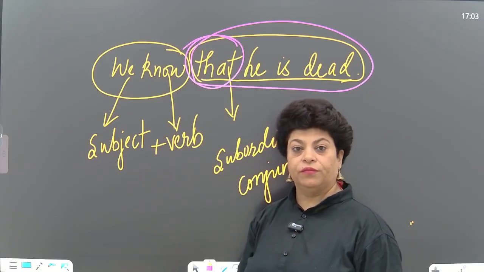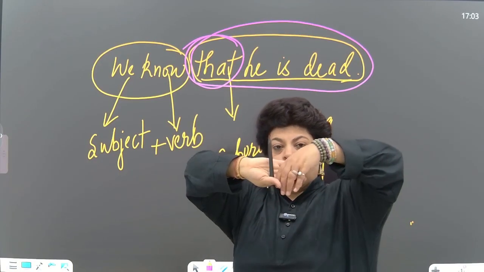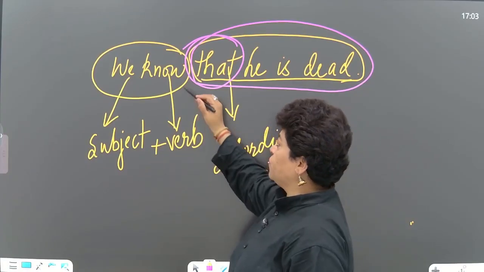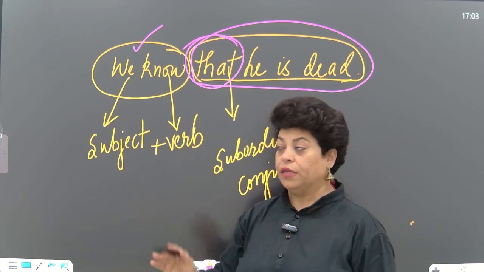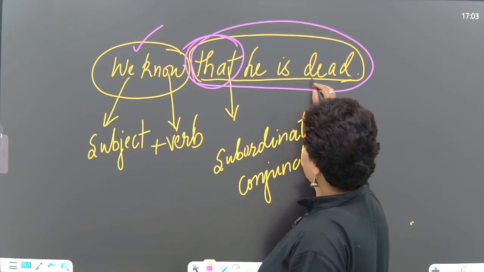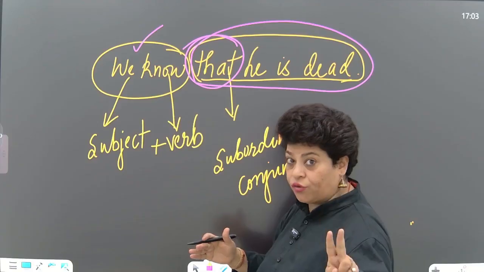"That" is a conjunction which is joining two sentences, right? The first part was "we know," which is already complete in itself. Second, "we know that he is dead." "That he is dead" is again another sentence which has one subordinating conjunction.